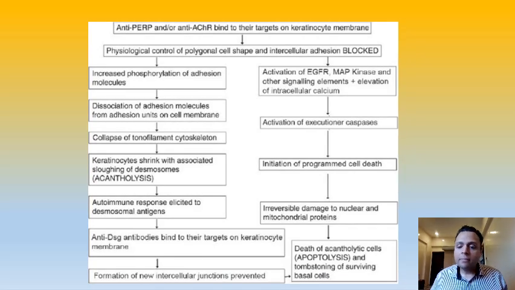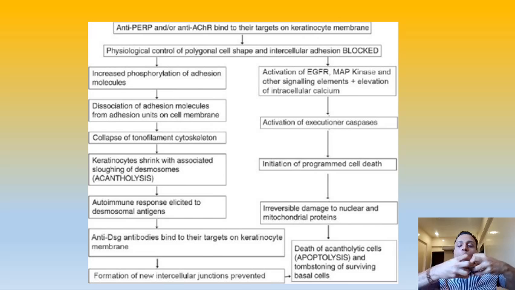So what is happening, as I have already mentioned, is that pemphigus vulgaris is an autoimmune disease. There are antibodies against the cadherin component of the desmosome, mainly desmoglein 1 and desmoglein 3. What is the meaning of acantholysis?